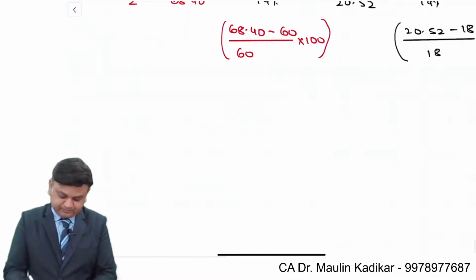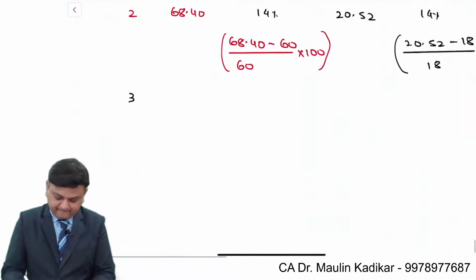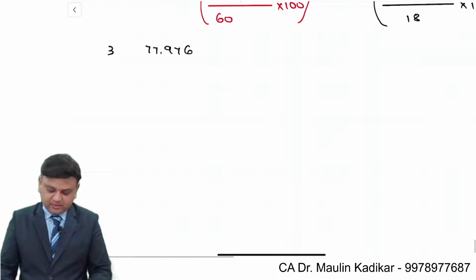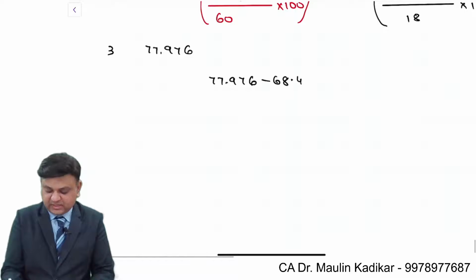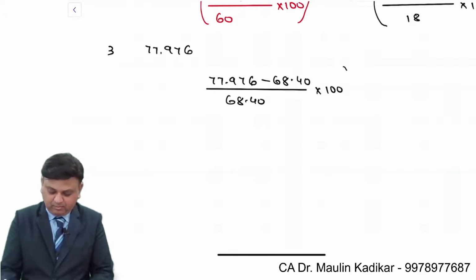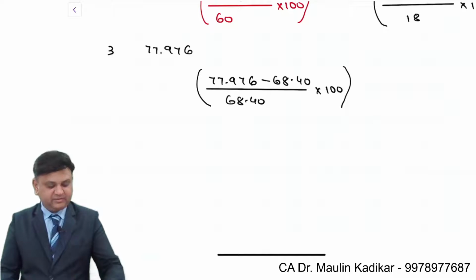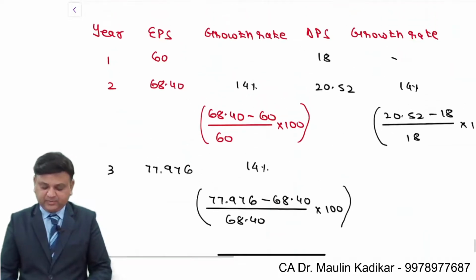Similarly, the third year, it is 77.976. Now again you compute the growth rate. It is 77.976 minus 68.4 whole divided by 68.4 into 100. 77.976 minus 68.4, that is 9.576 upon 68.4, that comes to 14%.